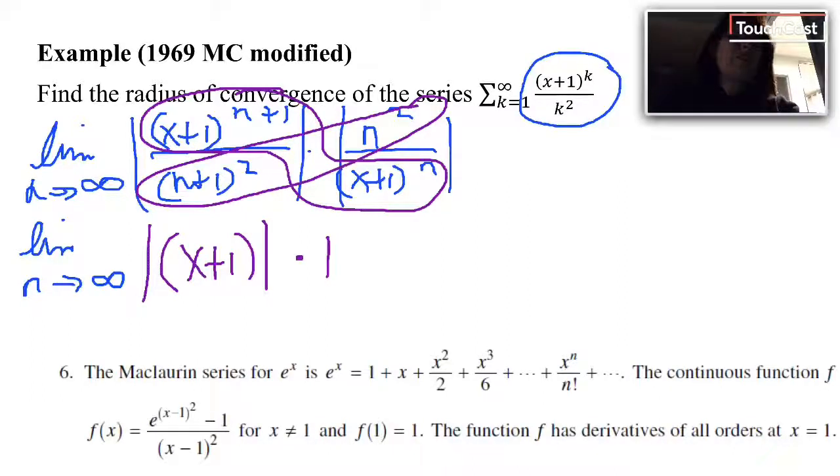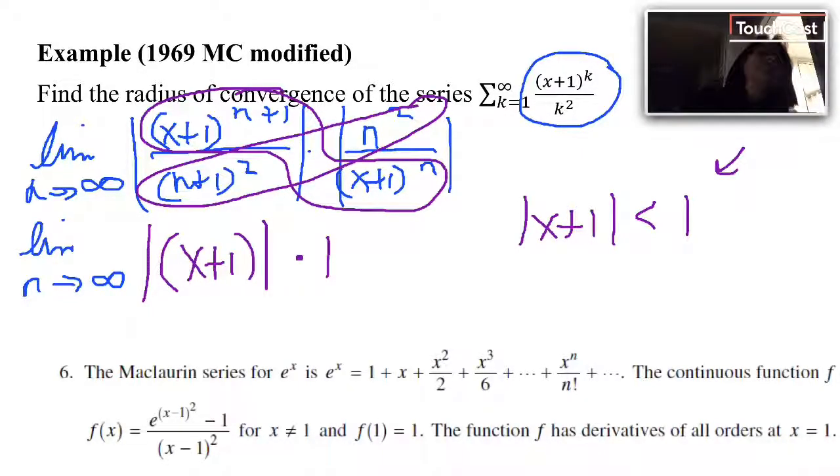So the limit as n goes toward infinity is the absolute value of x plus 1 times 1. I'm going to need the absolute value of x plus 1 to be less than 1. Well, that's enough right there to say that the radius of convergence is 1.